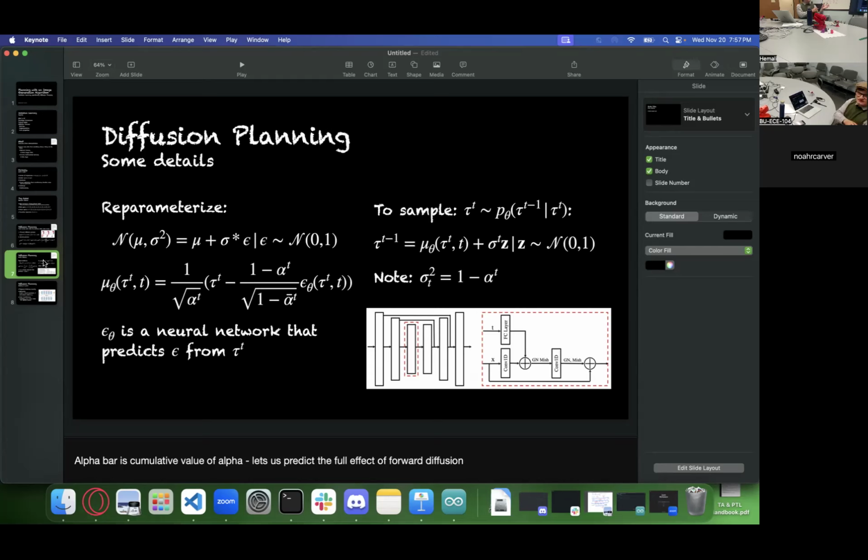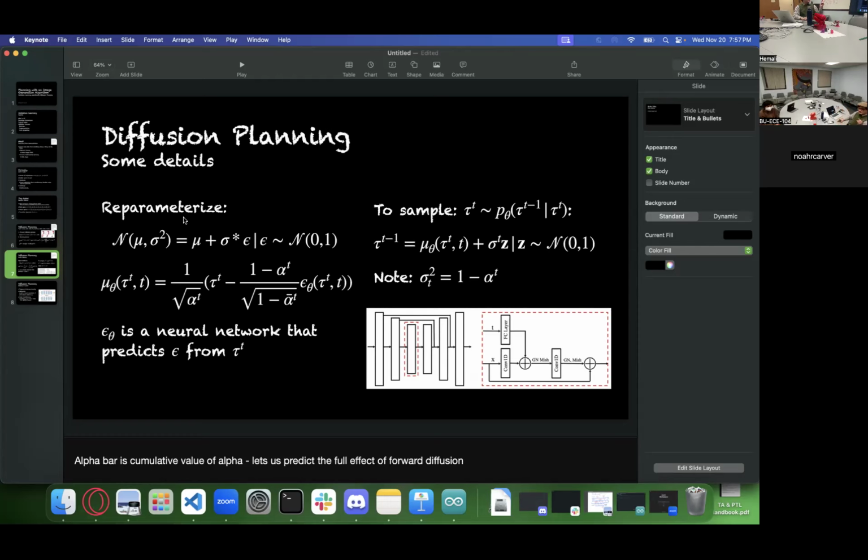making this happen. And the key note is that they reparameterize the Gaussian using just the regular trick of the mean plus the variance times some noise that you can sample from a regular Gaussian with 0 mean and a variance of 1.